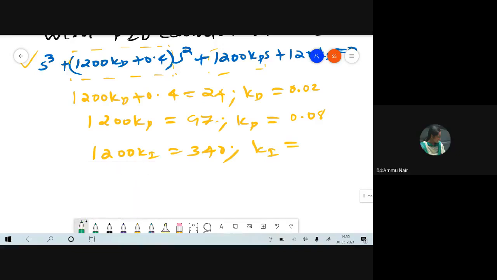So these are the decided controller parameters: Kp equal to 0.08, Kd equal to 0.02, and Ki equal to 0.28.